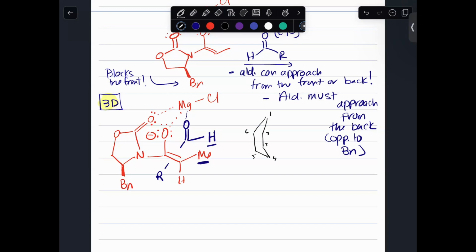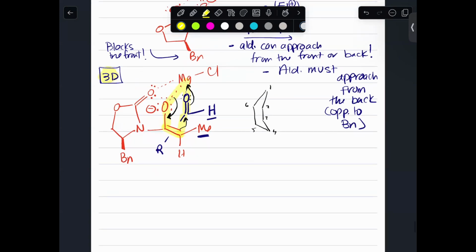And so you can see the carbonyl oxygen chelating to my magnesium, regenerating my double bond, and then, of course, attacking my carbonyl oxygen. Okay. I probably should have drawn my aldehyde further in, but this is no longer a chair conformation.